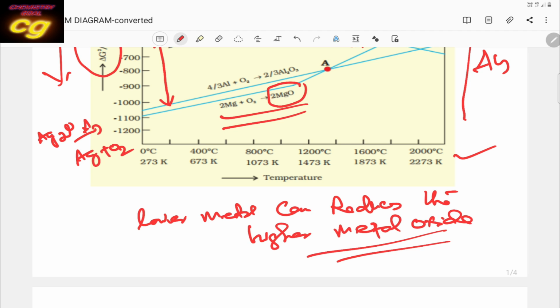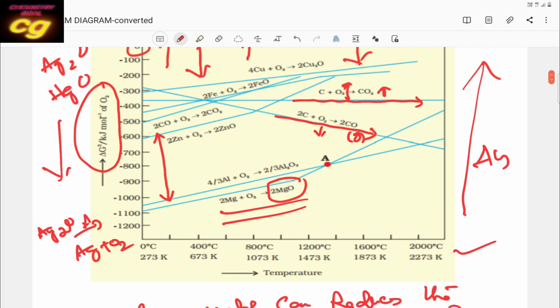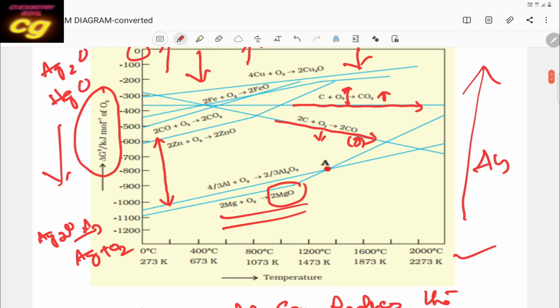This is a very important point. A lower metal in the graph, meaning the one coming at the bottom, can reduce the higher metal oxides. You see in the graph, magnesium can reduce aluminum oxide, and aluminum can reduce zinc oxide, like this.